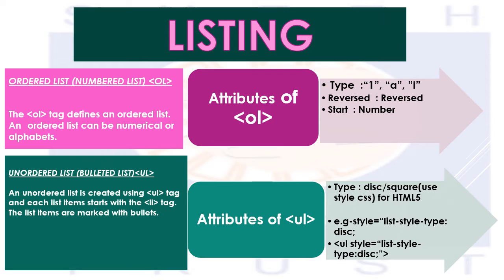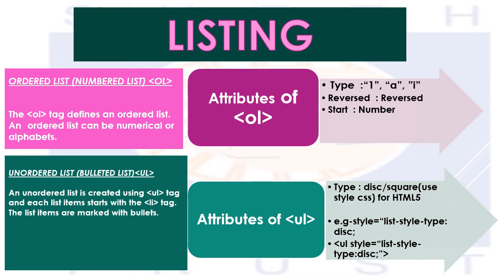But here in HTML5 you have to use the style. You can see the example given here, UL, that is the unordered list, style equal to list-style-type, and then give your value as disc. So this is how you represent the attributes of the UL tag. You have to use the UL tag in this way only in HTML5.